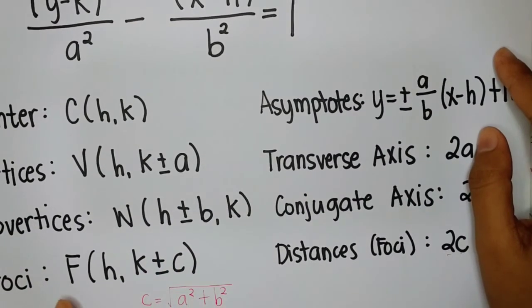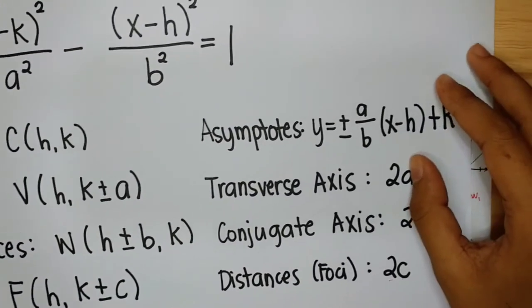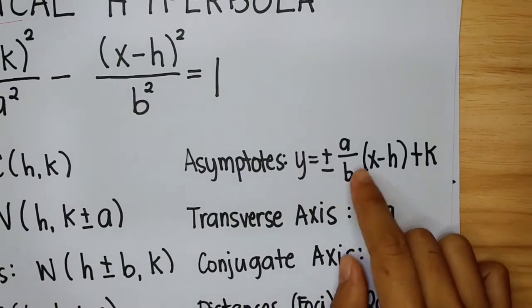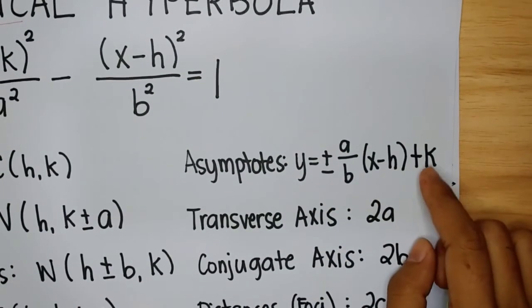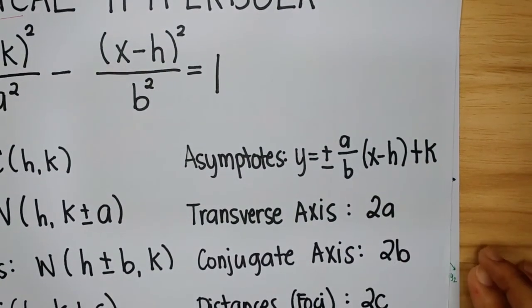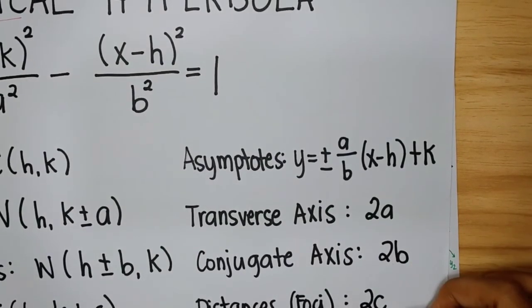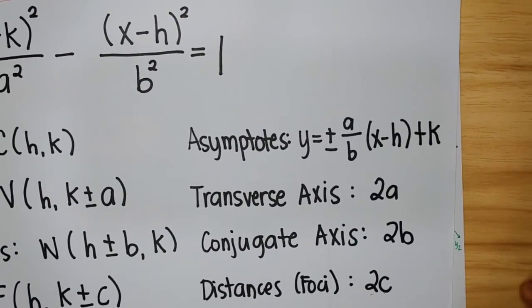Then, yung sa foci we have F, then (h, k plus minus c). Then, yung sa asymptotes naman, we have y is equal to plus minus a over b (x minus h) plus k. Then, length ng transverse axis is 2a. Sa conjugate, we have 2b. And sa distance ng foci natin, we have 2c.